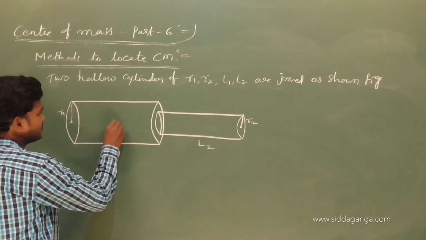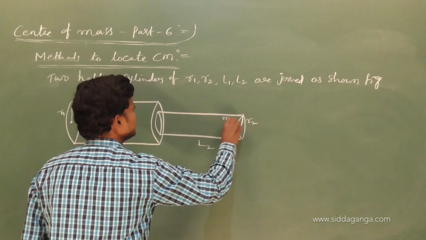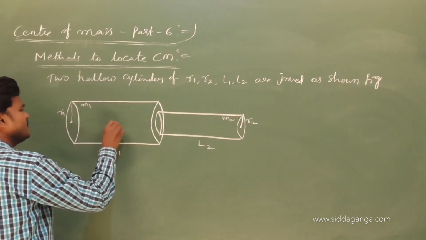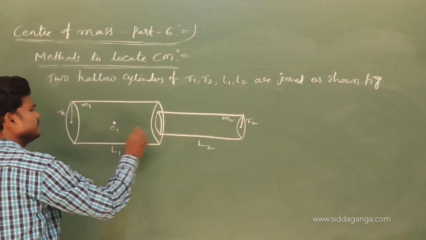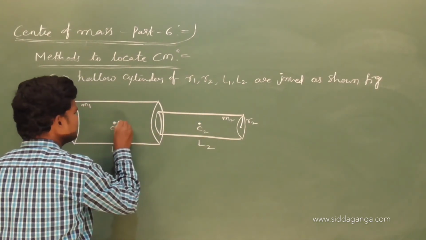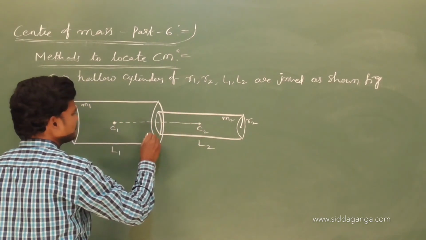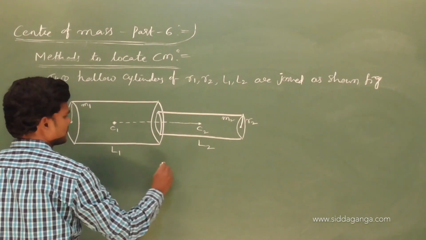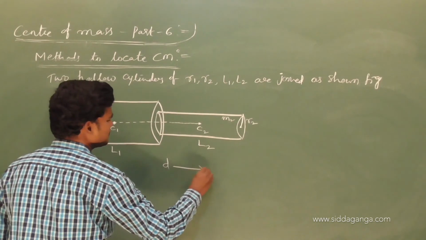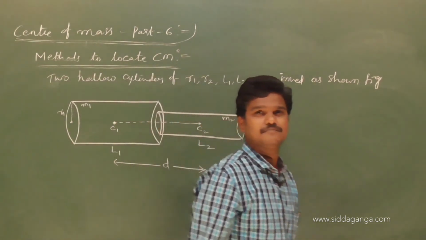Let us take this as mass M1 and this as mass M2. The center of mass of the first cylinder is C1 and of the second cylinder is C2. D is the distance between the two centers of mass of the objects.